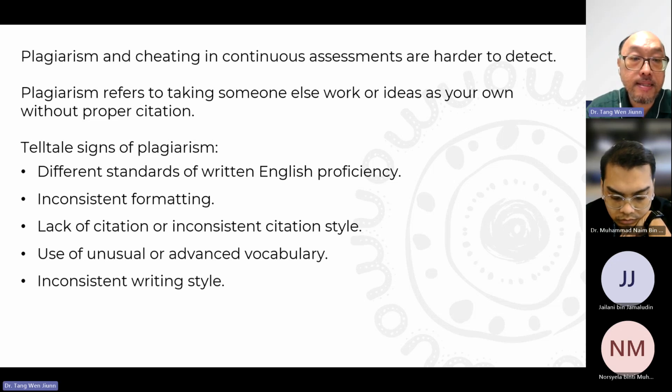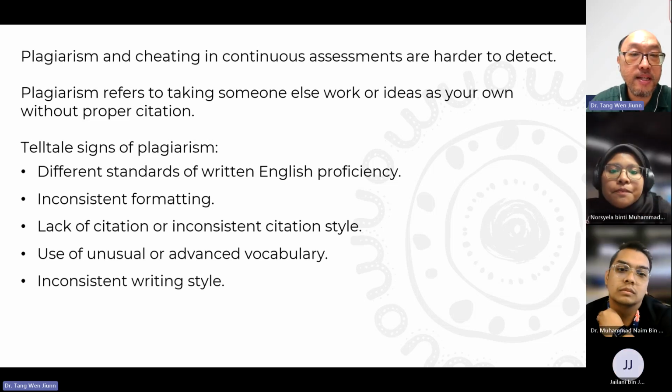So plagiarism, this is the most common misconduct. It refers to taking other people's work or ideas and making it your own without citation. However, sometimes when we read through the work, we can tell whether it is an original piece or plagiarized. A few things to look for.